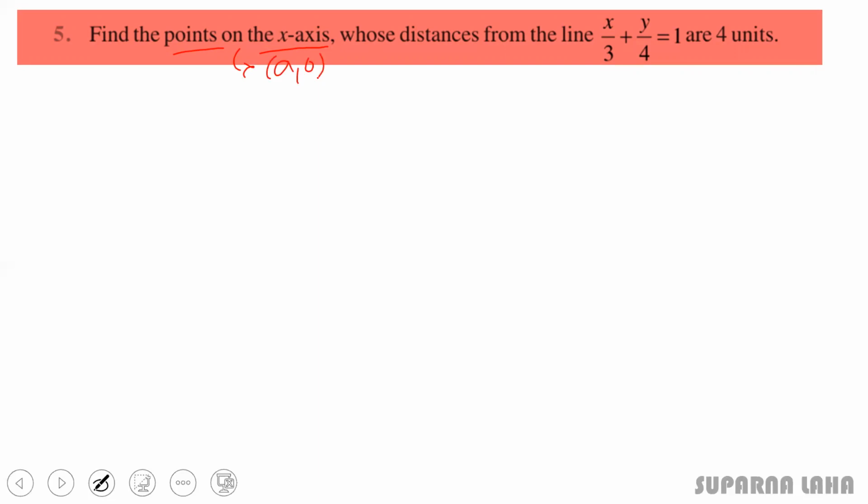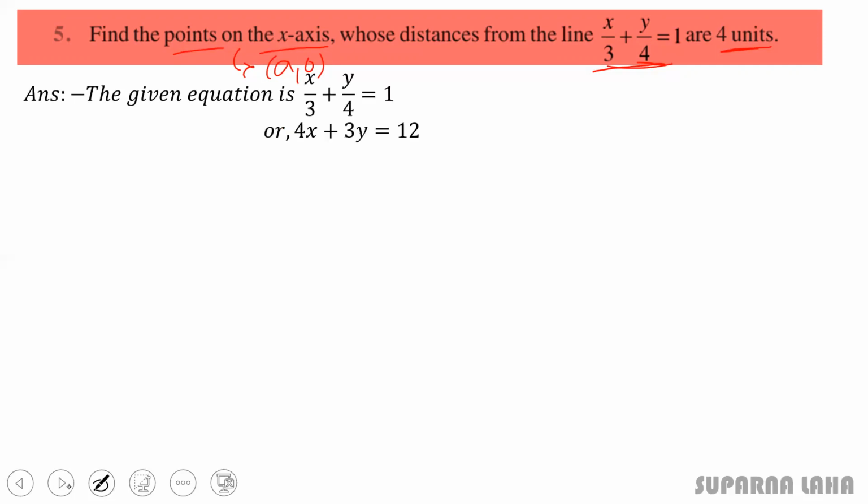Now its distance is given as 4 units from this line. If we simplify this line and transfer it into the general equation, it will look like 4x plus 3y equals to 12, or 4x plus 3y minus 12 equals to 0. So this is the general form of the given line.